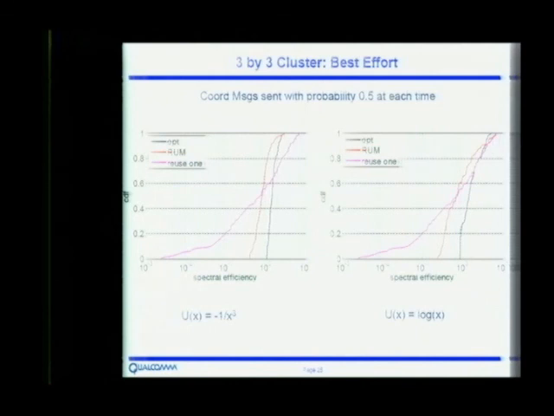Let's look at the rate CDFs again. This is the reuse 1 CDF, x-axis spectral efficiency, y-axis the CDF, and the black curve is what you get if you do the iteration in a centralized manner. At each frame you compute the power which maximizes the sum of marginal utility times rate. The red curve is what you get after distribution.